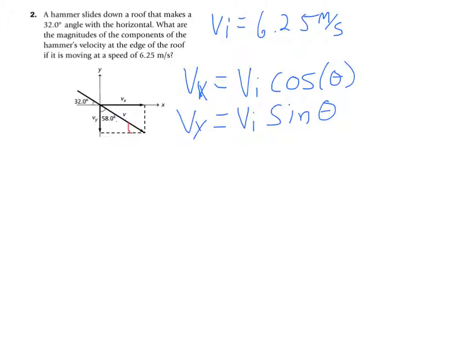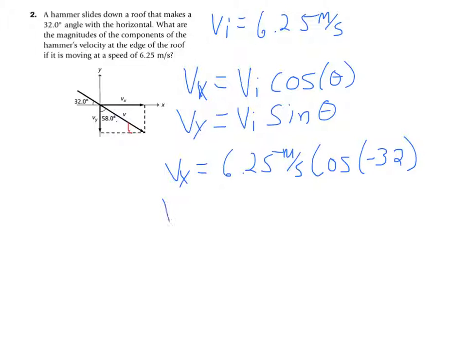And we can then look at both of those, substitute what we need to substitute in. So V sub x, we would have 6.25 meters per second times the cosine. I'm going to use negative 32. You can again use 58, I'm sorry, it works just as well.